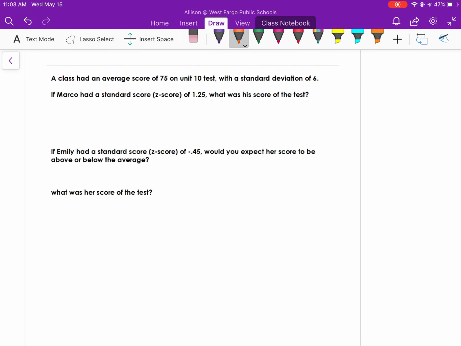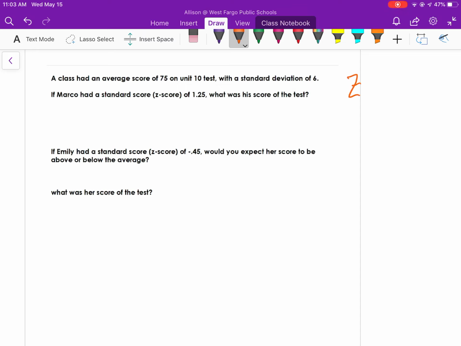A class had an average of 75 on a Unit 10 test with a standard deviation of 6. If Marco had a standard score, or z-score, of 1.25, what was his score on the test? So this one we have to work backwards. So Marco has a z-score of 1.25.